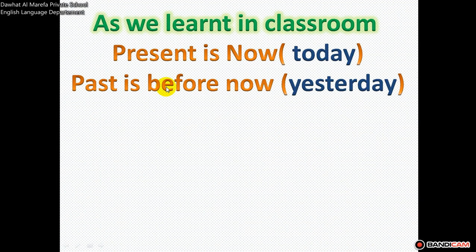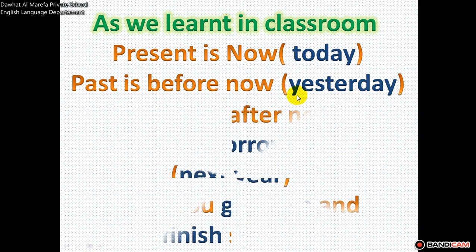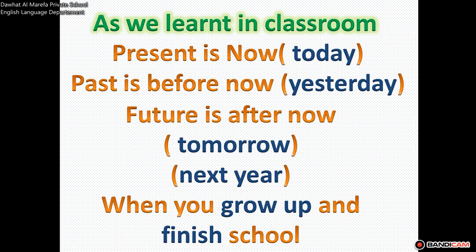Let's start this explanation. As we learned in classroom, the present time is now or today or this year. The past is before now. If you remember, when we pointed to the past, we pointed to yesterday. But now we are talking about the future.